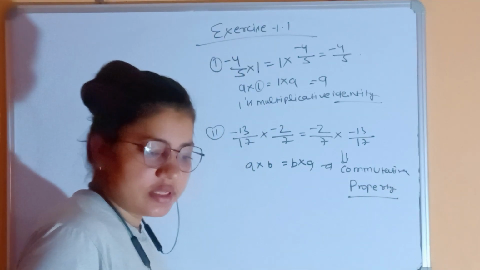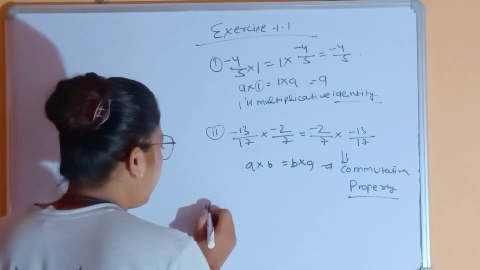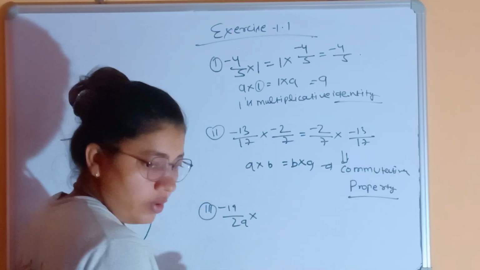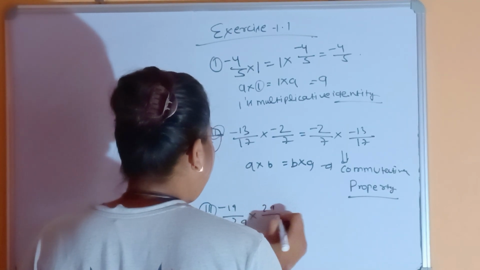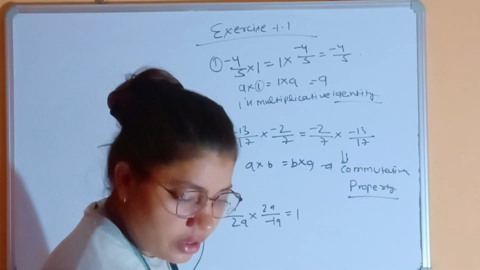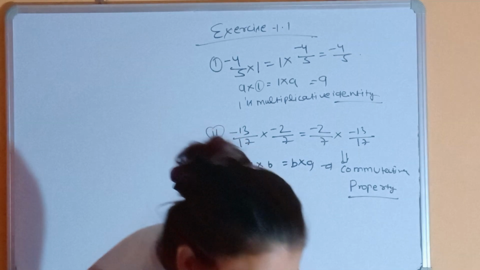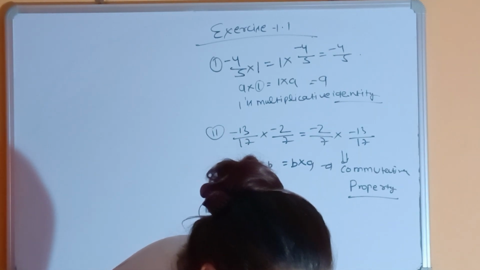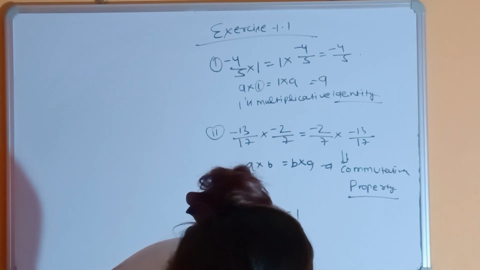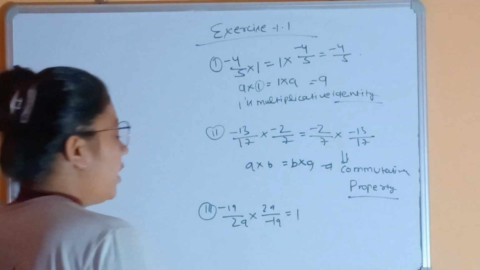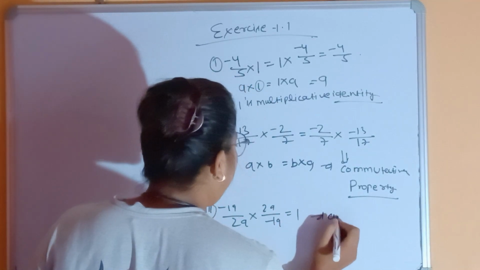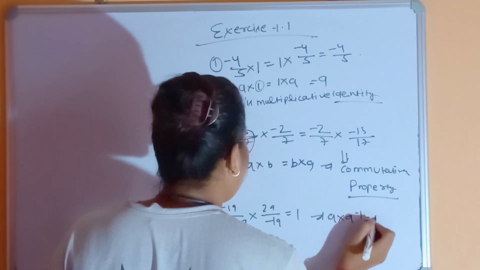Third question is given: minus 19 by 29 into 29 by minus 19 is equal to 1. Which property is this? If a number is multiplied by its inverse, a into a inverse is equal to 1.